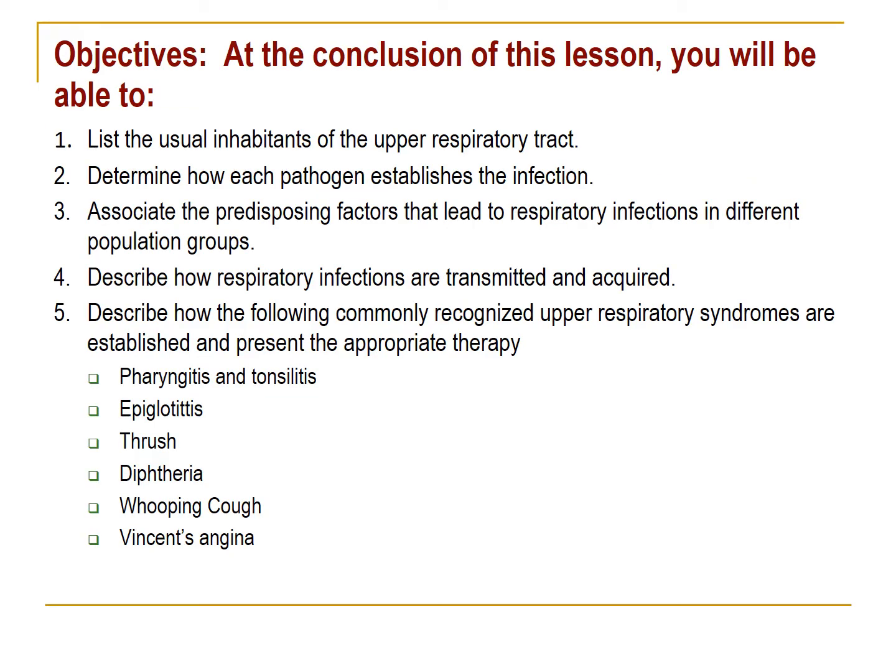The learning objectives for this lesson include: list the usual inhabitants of the upper respiratory tract, determine how each pathogen establishes the infection, associate the predisposing factors that lead to respiratory infections in different population groups, describe how respiratory infections are transmitted and acquired, describe how the following commonly recognized upper respiratory infections are established and present the appropriate therapy.